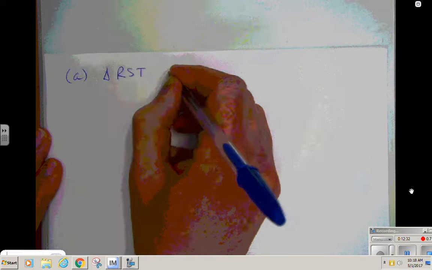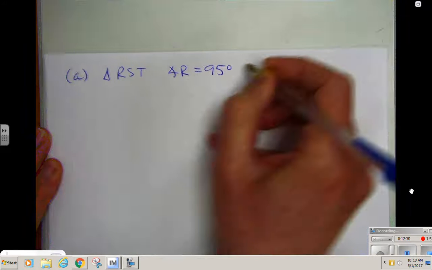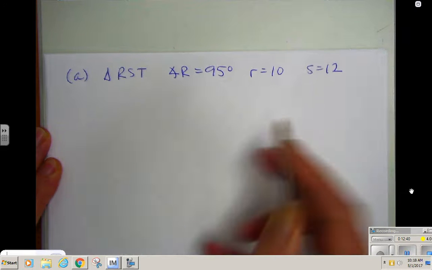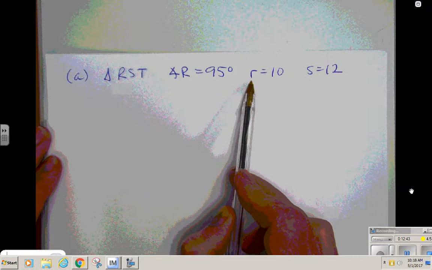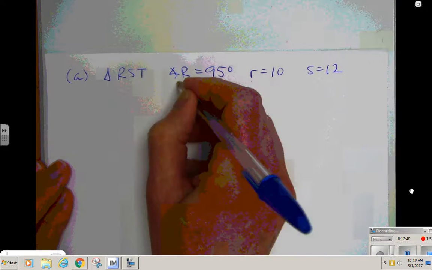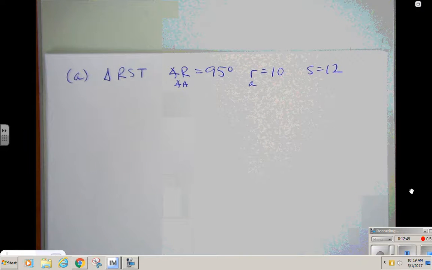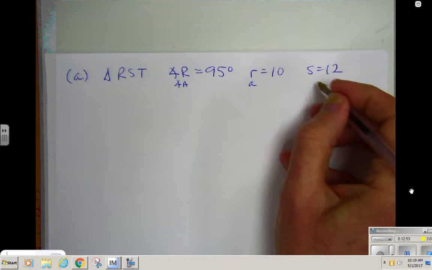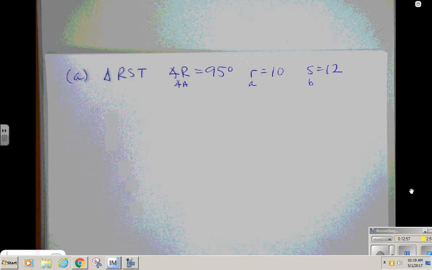You have triangle RST. Angle R is 95 degrees, R is 10, and S is 12. Okay, so I have angle R and side R. They have the same name. So this is like your angle A and side A in the examples from the key concept. And then whatever side is left over, that's your side B. It doesn't matter what letter it is, that's just side B.